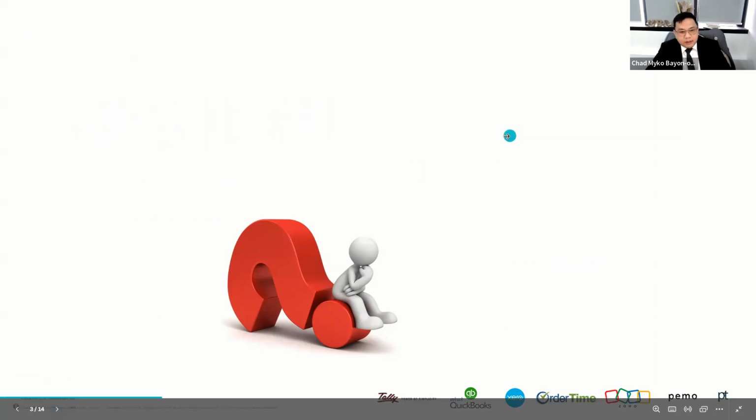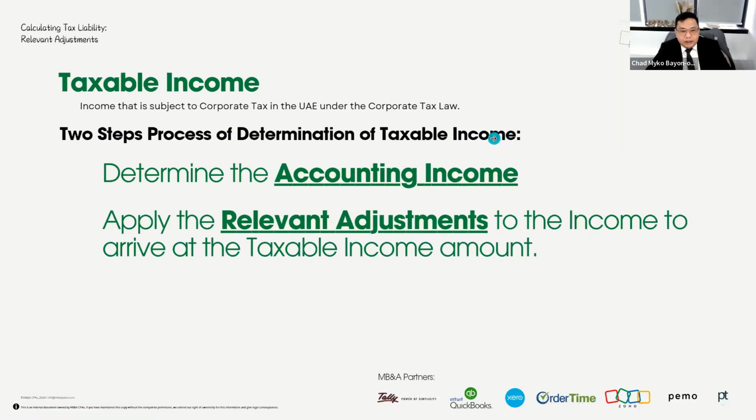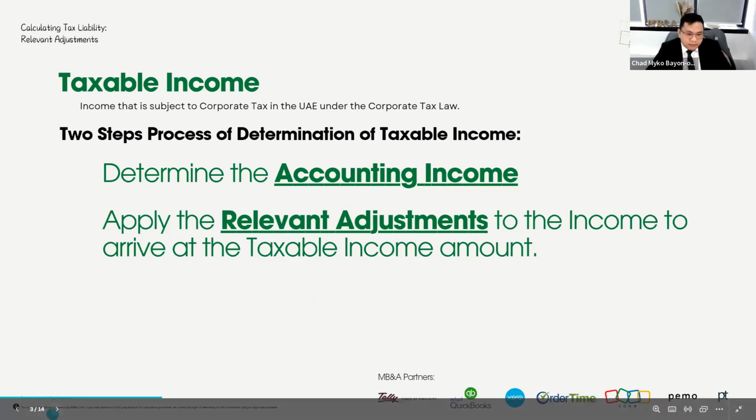Again, in calculating our taxable income, the first of the 2 steps is determining the accounting income. Second is applying relevant adjustments for us to arrive at the taxable income.